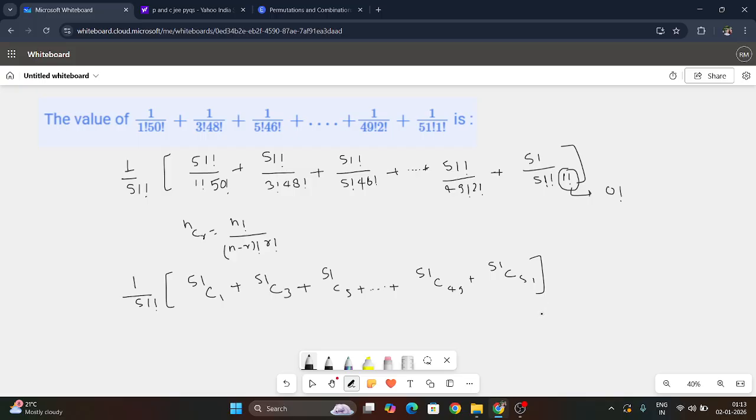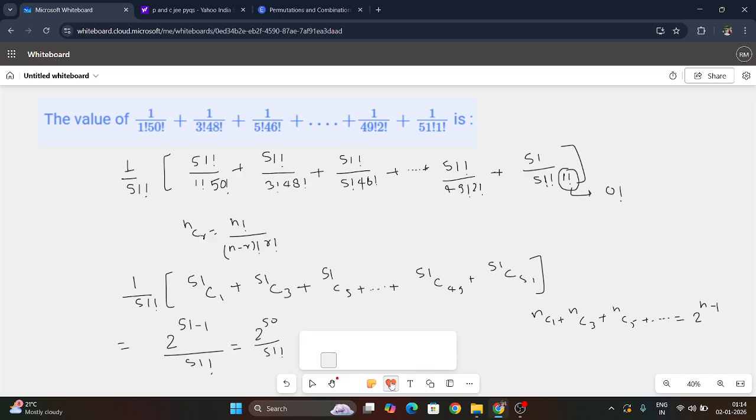As you know, if you take nC1 plus nC3 plus nC5 and so on, it is going to be 2 power n minus 1. So basically this is going to be 2 power (51 minus 1) by 51 factorial, which is 2 power 50 by 51 factorial.